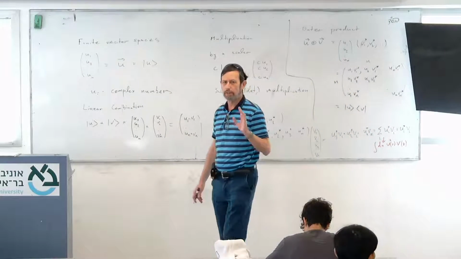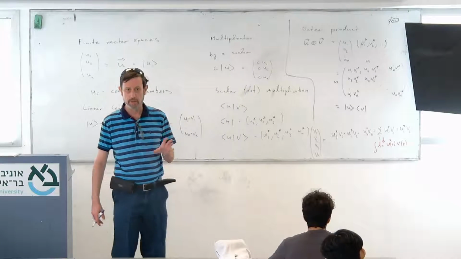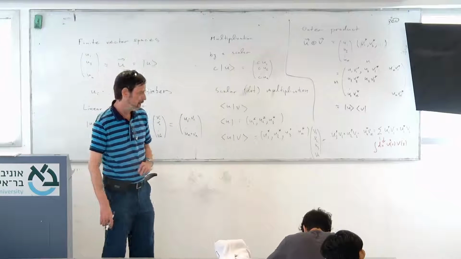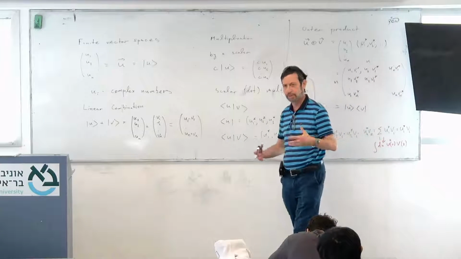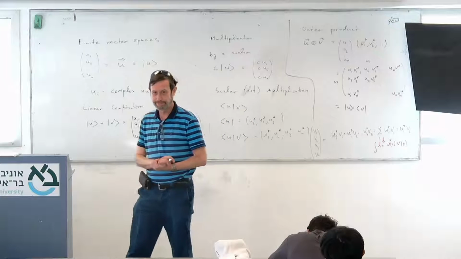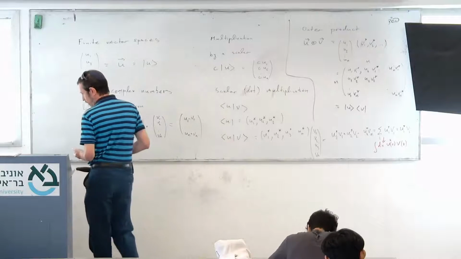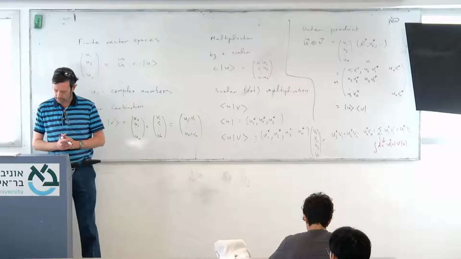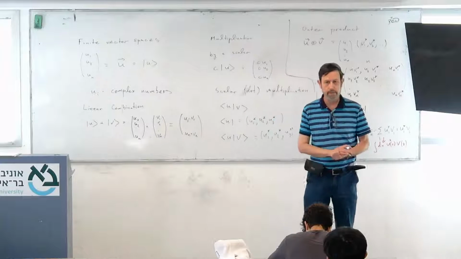It's very, very useful when you're doing many particle quantum mechanics, which we are not doing in this course, but it has also some usage that we'll see further on. What other kinds of multiplication can we do? That's basically what we need at the moment.